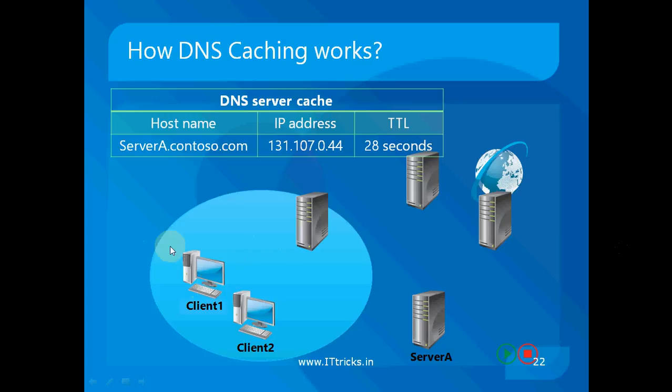As you're watching in the picture, there are two clients, client 1 and client 2, and this is, suppose, the local DNS server. Whenever client 1 makes a query to the local DNS server, suppose the query is for servera.contoso.com, this local DNS will forward the query to its forwarder, or if a forwarder is not configured, the query is forwarded to root hints, and then to another DNS, maybe the top level domain, and finally the query is forwarded to the authoritative name server for that record.